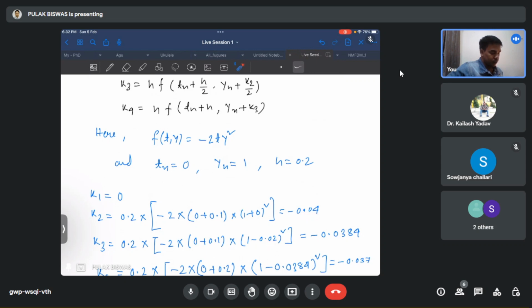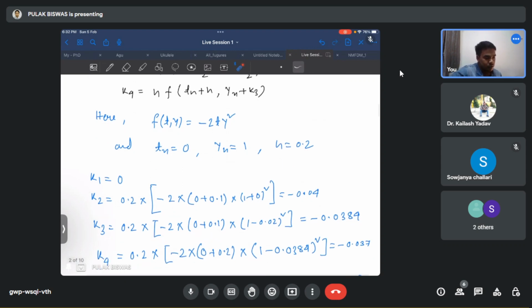So again if you calculate this, this is coming. Again for k4, in a similar way, put the value of t as this one and y as this one. This one is tn plus h, and this one is yn plus k3. So if you calculate this, it is coming like this.